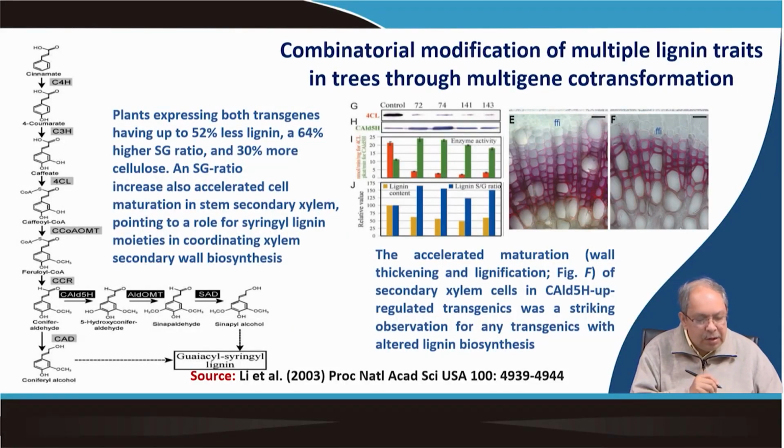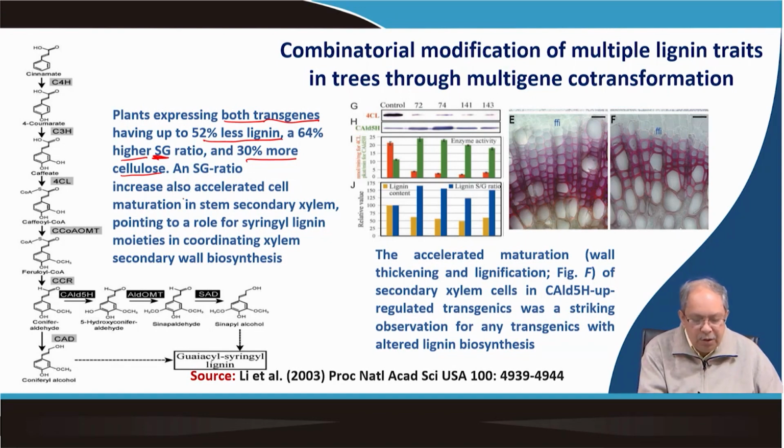So, the result is this, that plants expressing both transgenes resulted in 52% less lignin and 64% higher SG ratio. S is first. So, the S is dominated and 30% more cellulose. It is a very ideal situation. So, that is what happened.